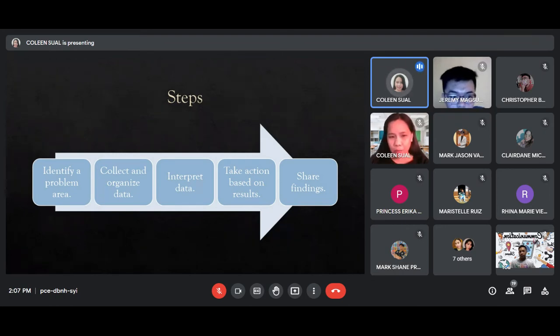Identify a problem area. What are your experiences during online learning? Please identify problems that are researchable and that are within your area of specialization or within your field of interest.